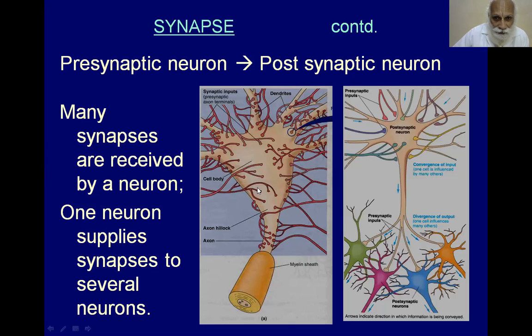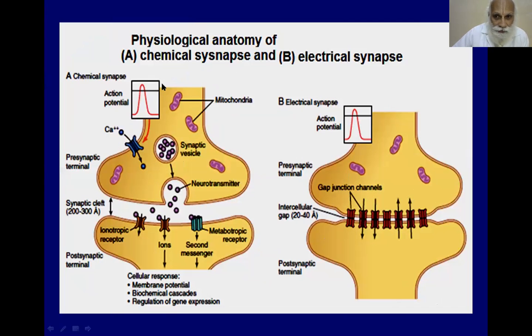This is what you call convergence, and this is what you call divergence. They are essentially the chemical synapses that are very prominent in the mammals. Occasionally, you also may have electrical synapses. Electrical synapses are more common in the lower animals.